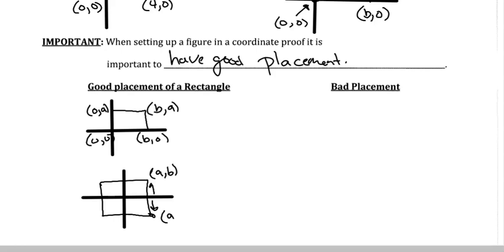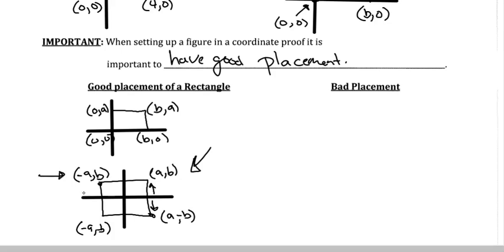Instead of going up positive b, it's going down b. This one over here would be to the left a units and down b units. And this one would be left a units and up b units. Notice I still only needed 2 different variables.